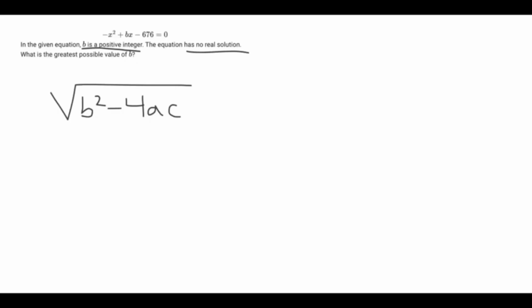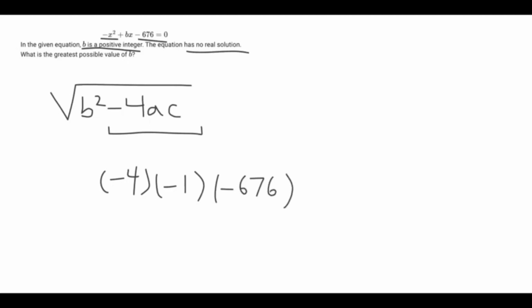So in order for us to calculate this, we just need to know what this part right here, the negative 4 times a times c, is equivalent to, and then just find a b value that is less than that, but the greatest possible value. I'll show you how to do that. So let's first calculate negative 4 times a, we know our a value is negative 1, times c, our c value is negative 676.